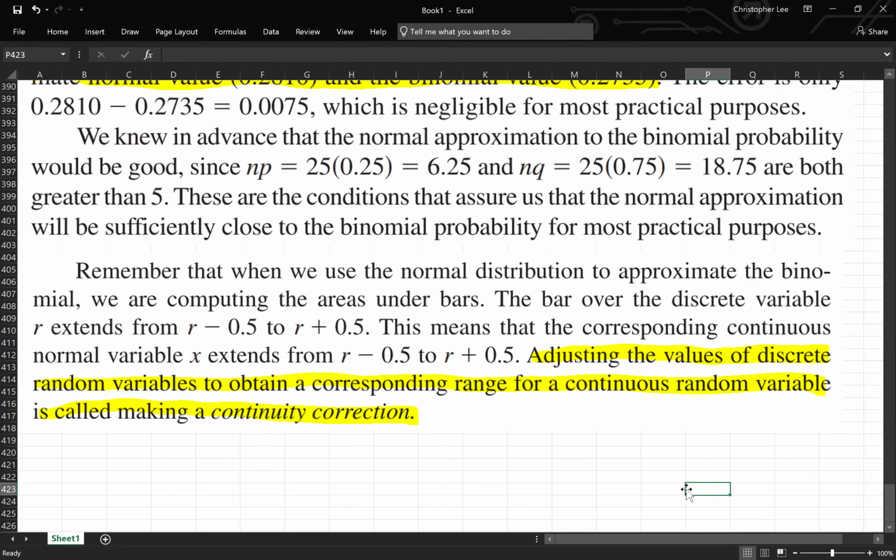So this is the reason why we didn't use the 8, we used that 7.5. This means that the corresponding continuous normal variable x extends from r minus 0.5 to r plus 0.5. Adjusting the values of discrete random variables to obtain a corresponding range for a continuous random variable is called making a continuity correction.